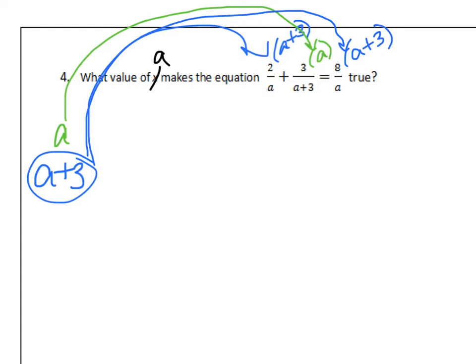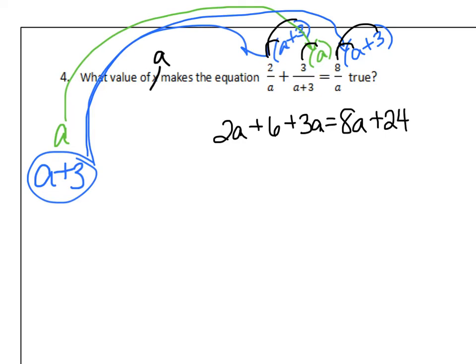So now we distribute our first one. So we go 2 times A, which is 2A, 2 times 3, which is 6, plus 3 times A, which is 3A, equals 8 times A, 8A, and 8 times 3, which is 24.